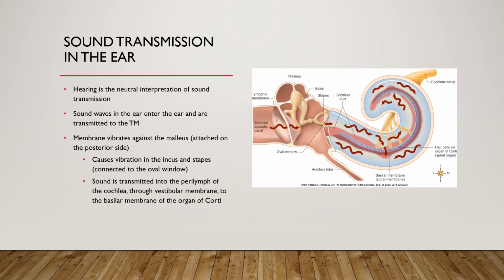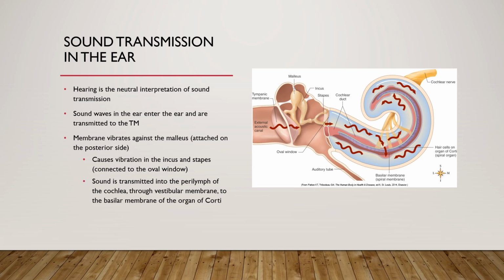Okay, going on to sound transmission in the ear. So hearing is the neural interpretation of sound transmission. Sound waves are going to enter the ear and they're transmitted to that tympanic membrane. Okay, the membrane is going to vibrate against the malleus, remember, which is attached on the posterior side of it. And it's going to cause vibration then in that incus and stapes, which is going to go through the oval window.